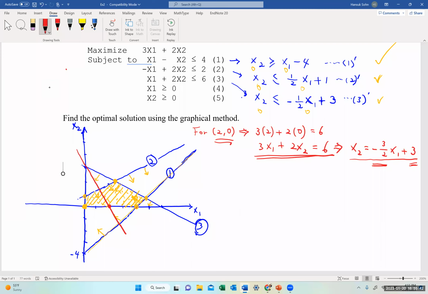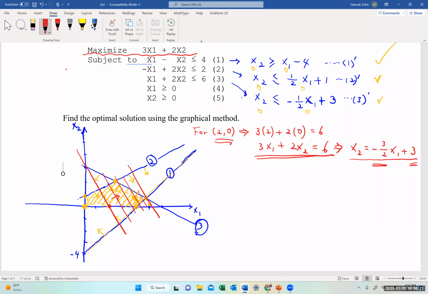Now we need to move this isovalue line in an improving direction, right? In this case, both x1 and x2 values are increasing, because we want to maximize 3x1 plus 2x2. So obviously we need to move our isovalue line in this direction. We're going to draw many of them, and then eventually we get this one.